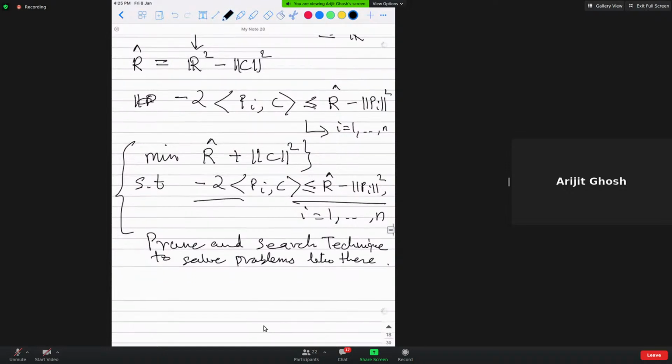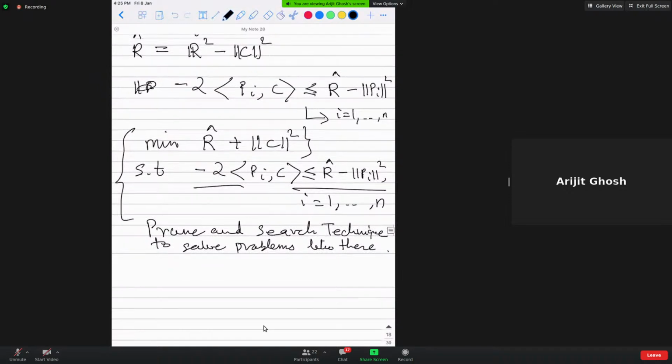Which is good, but what will be the complexity? The time complexity is not that good in terms of d. If I don't hide the complexity in terms of d, it's something like d to the power d times n, which is not good.